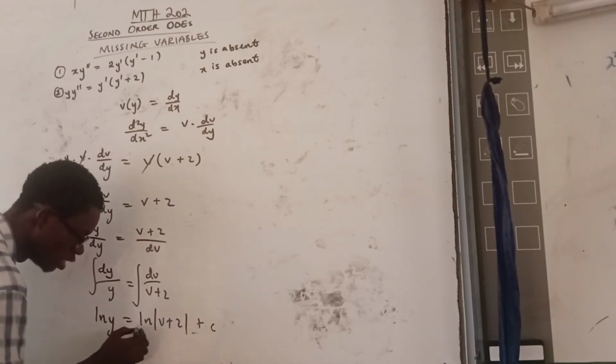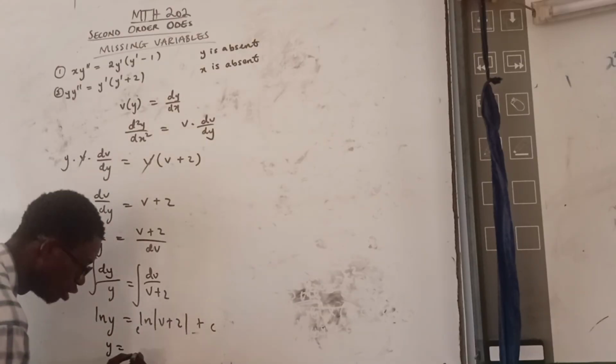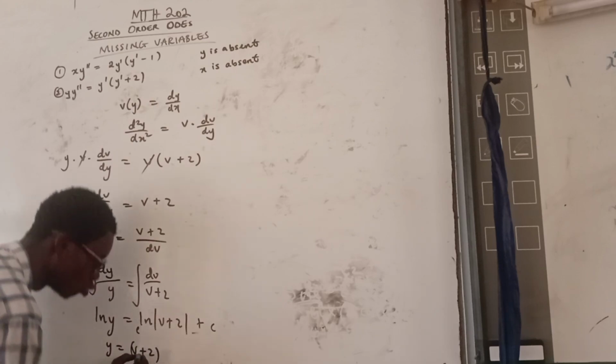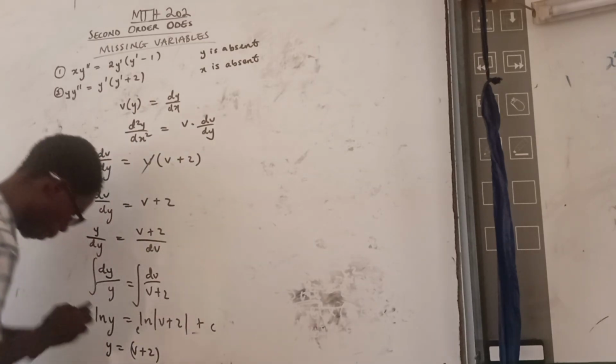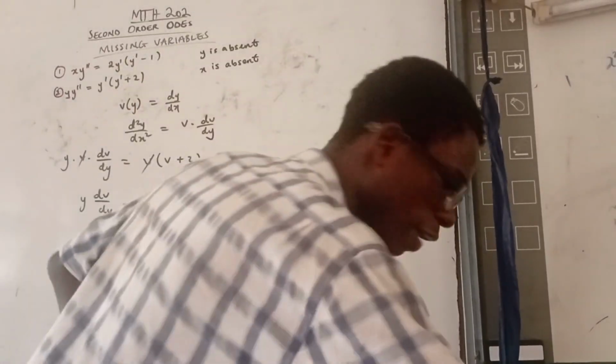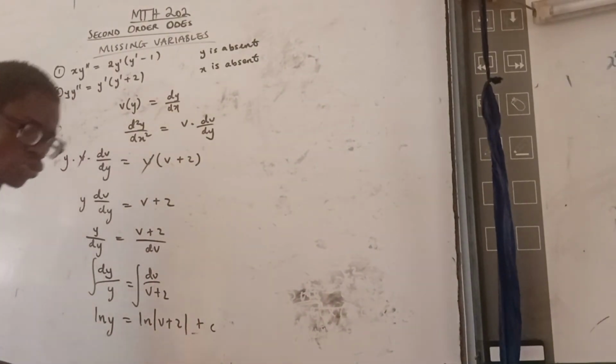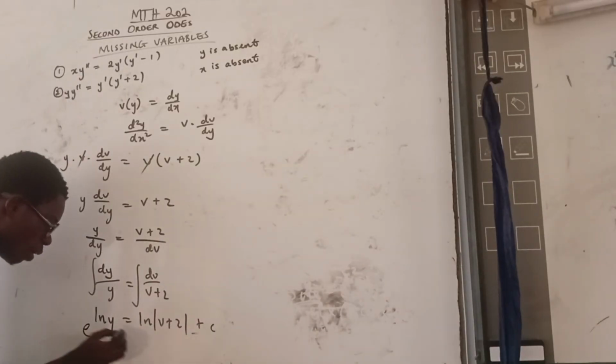So my y is going to be equal to e raised to the power of everything here. To make it easier for those who might just be learning this, I'm raising both sides to the power of e.